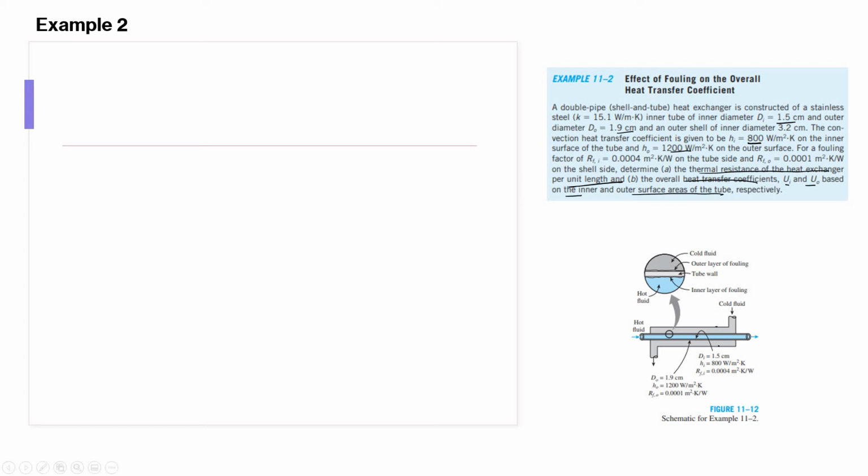So basically the first question, you need to determine the thermal resistance that we covered in chapter 2. So okay, here R is equal to 1 over UA, as we write down back the equation that I mentioned in the slide in the previous video.